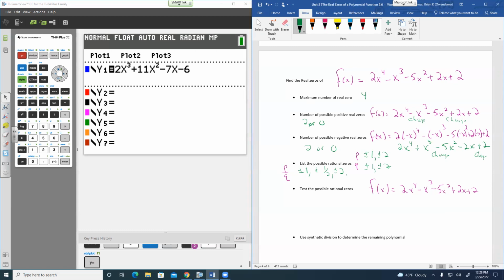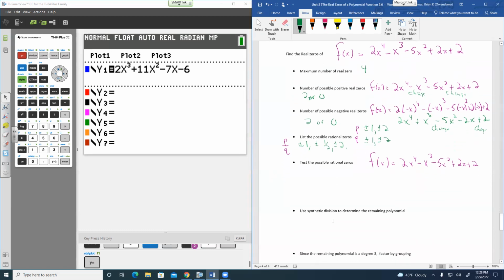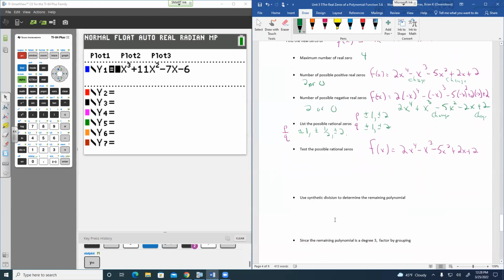So we want to test those possible rational zeros. In doing so, I'm going to type in 2x to the 4th minus x cubed minus 5x squared plus 2x plus 2 in my calculator. So I'll clear this off here.